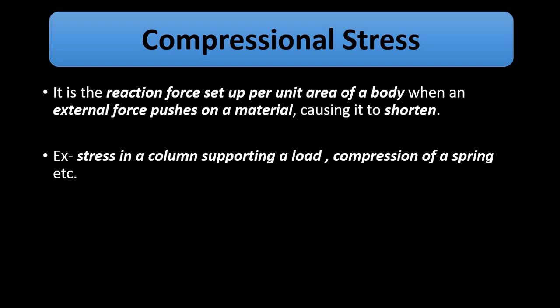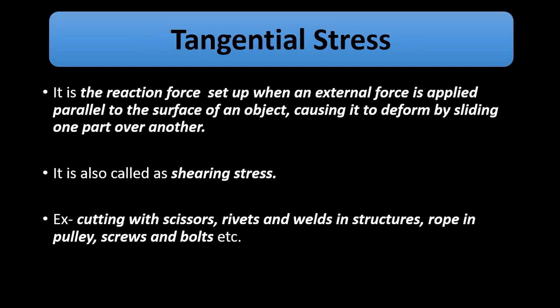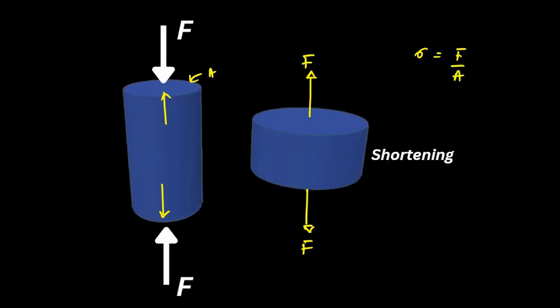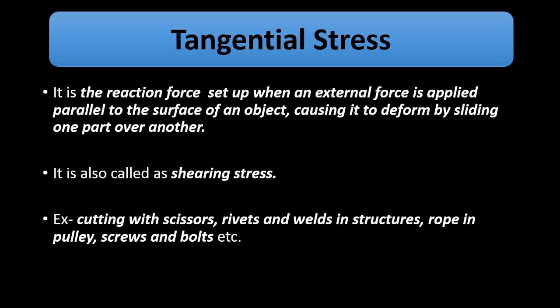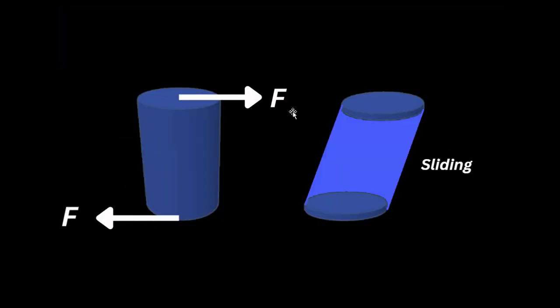Then we have tangential stress. So in both of these examples, force is acting normally, perpendicularly on a particular face, on a particular point. So the tangential stress is quite different. Here the forces are acting parallelly on the two faces.